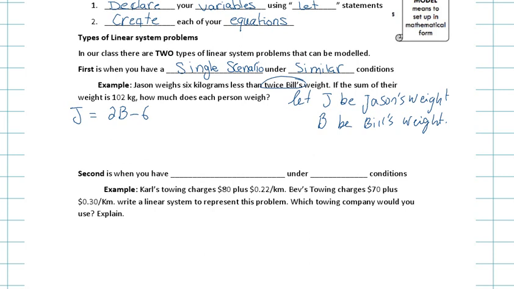Okay? So the sum of their weight is 102 kilograms. So that means when I add J plus B, I get what? 102. Because it's a sum. Sum means add.